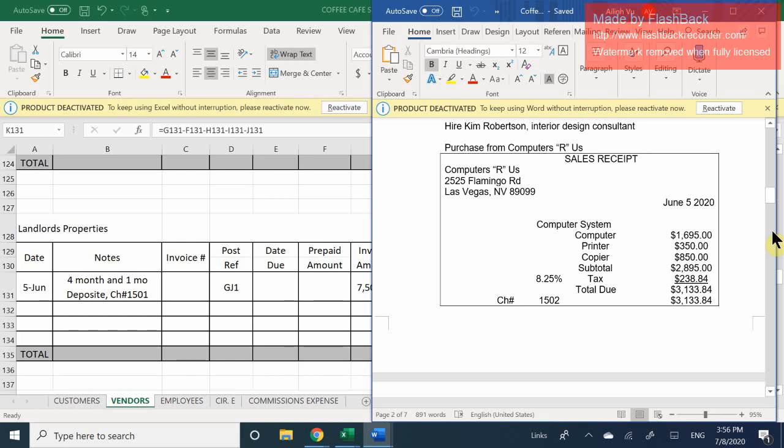No. We need to divide the sales tax because there is tax on that item. So how do we do that? Are we going to take the $238 and just divide by 3? No, we're going to take the 1695 times 8.25%. Exactly. So in our journal, let's go ahead and do that.